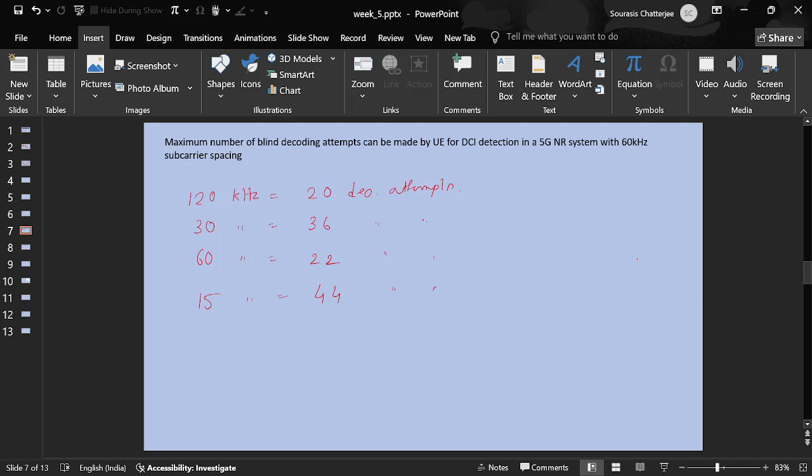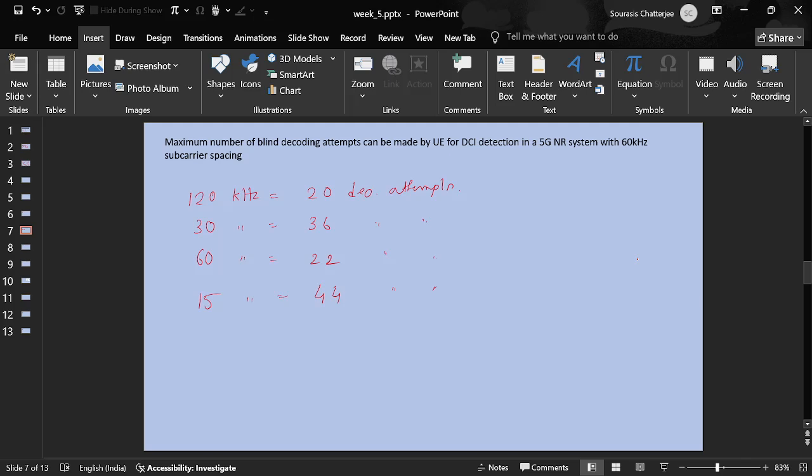As of now we have not mentioned where DCI should appear. If I talk about the time frequency grid, let's say one slot corresponds to 30 kilohertz subcarrier spacing, so my slot duration is 0.5 millisecond. In that 0.5 millisecond, if I consider a standard 100 megahertz bandwidth, I have 275 PRBs and 14 symbols, and DCI can appear anywhere in that, right?